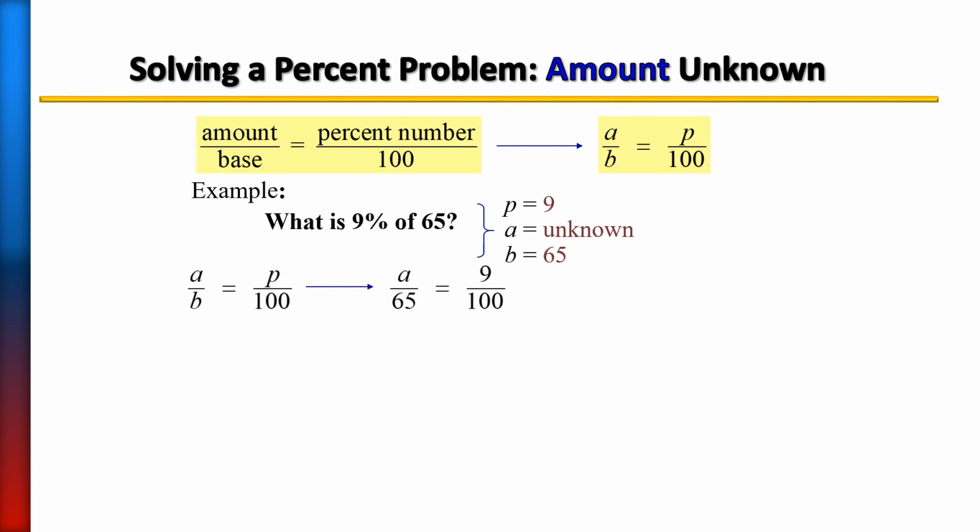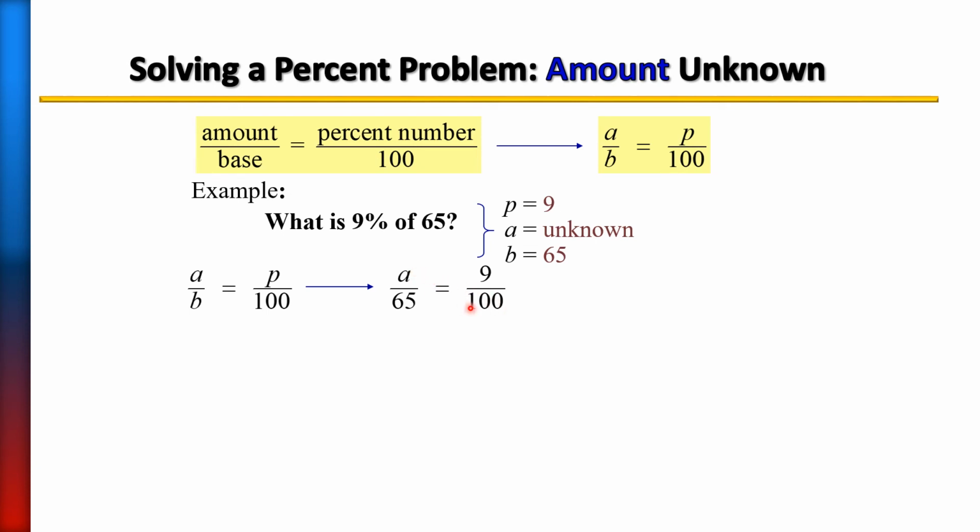And now that we have our equation, recall in a previous section on proportions, when you have one fraction on one side and one on the other, or one rational expression, you can use cross multiplication. I like to start with my variable side first.